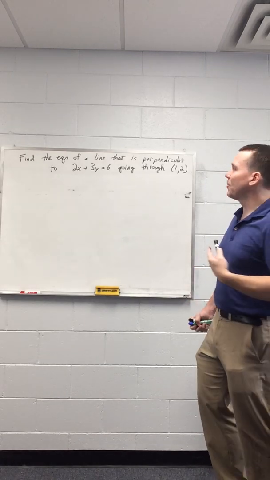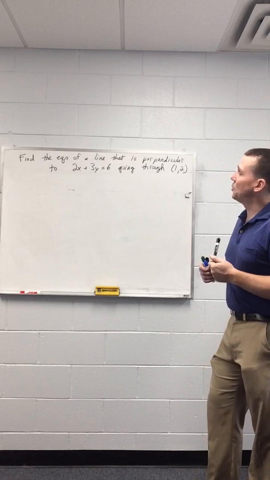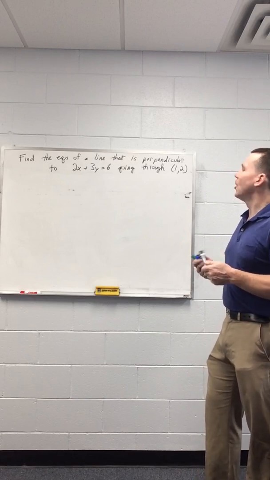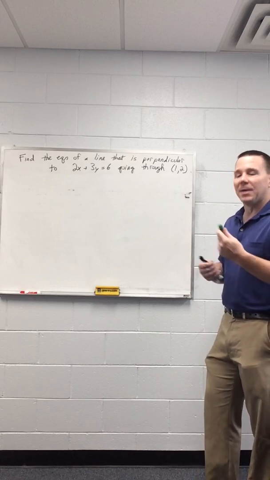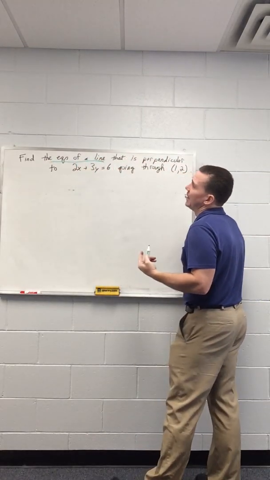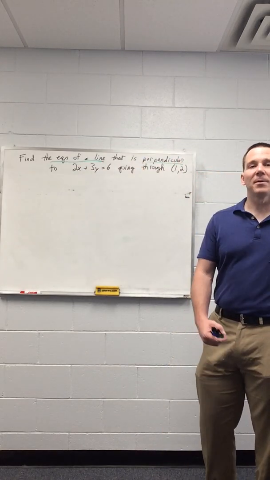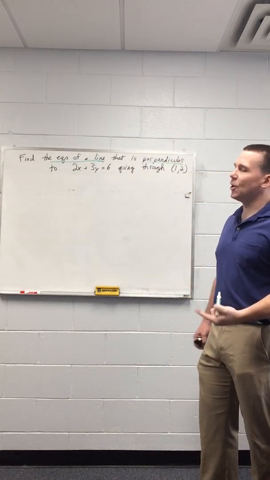Very similar to the last problem we saw with parallel lines. Much like the last problem, I'm looking for the equation of a line, only this time I want a line that's perpendicular. How do we determine perpendicularity? By looking at the slope.